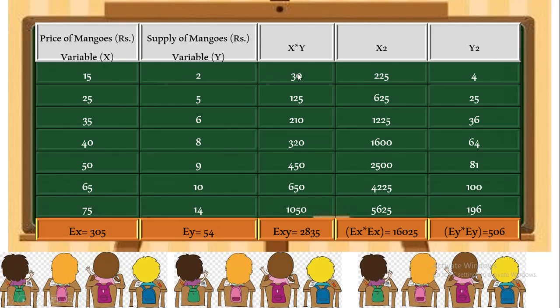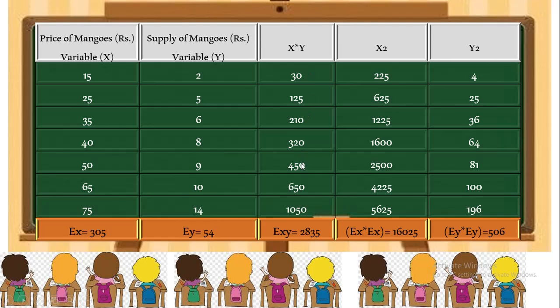15 into 2 is 30. Similarly, the second variable x is 25 and variable y is 5, so 25 into 5 is 125. 40 is variable x, 8 is variable y, so 40 into 8, which is xy, is 320.